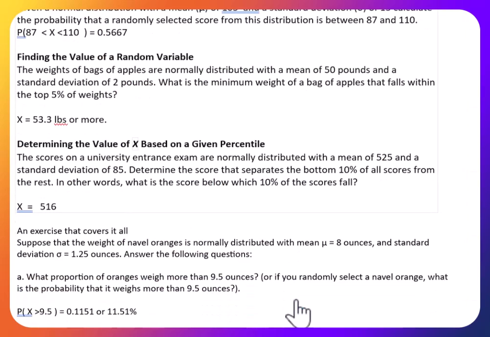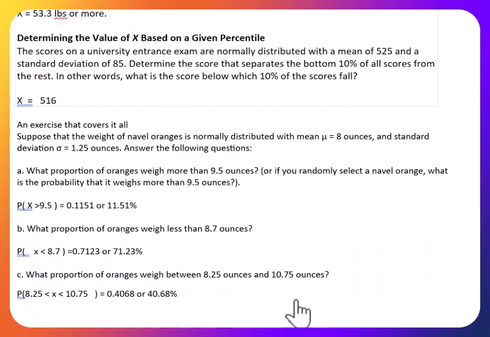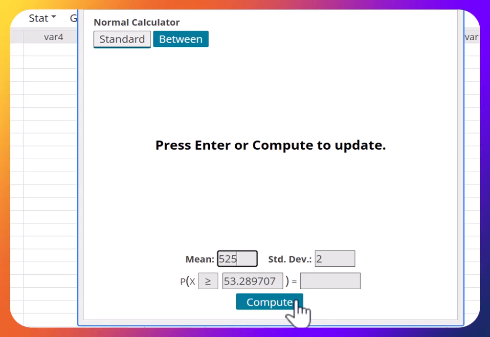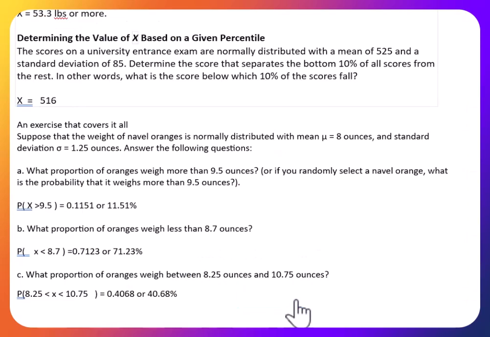The scores on a university entrance exam are normally distributed with a mean of 525 and a standard deviation of 85. Let's see what the question is: determine the score that separates the bottom 10% of all scores from the rest.